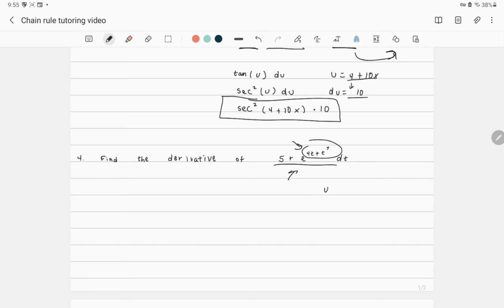So we're going to take u as what's up there, 4t plus t to the 7, and then the derivative of that is going to be 4 plus 7t to the 6th.